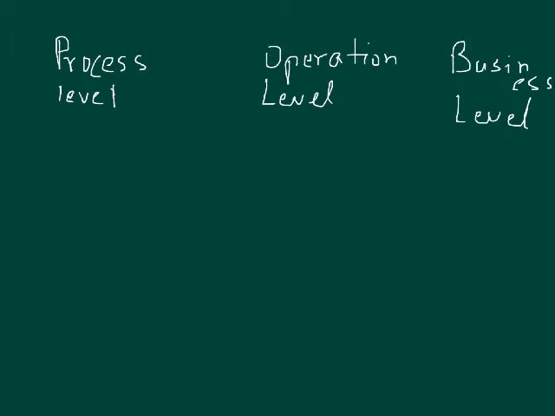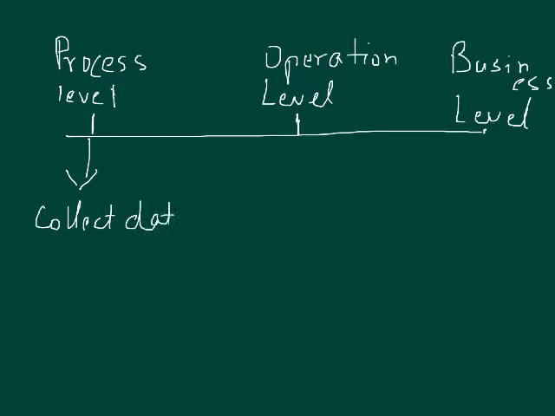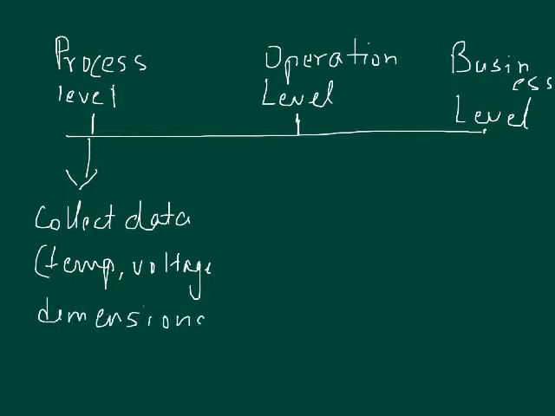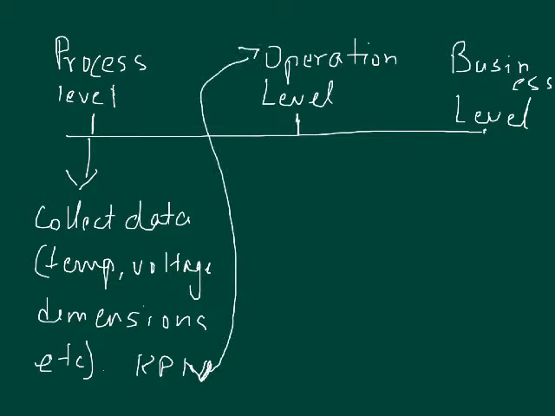Under the process level, you collect data, which could be anything, for example temperature, voltage, dimensions, etc. These are the key process input variables for the operation level.